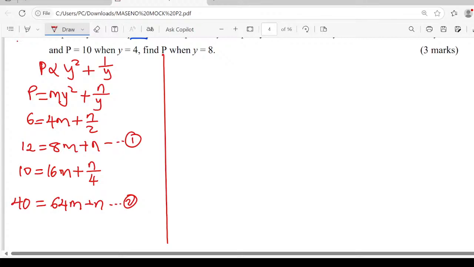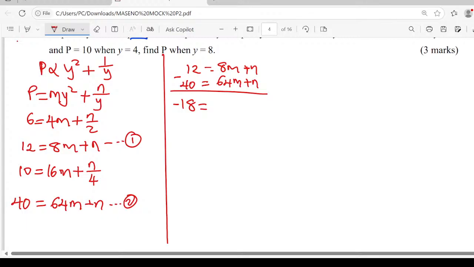So my first equation is 12 equals 8m plus n. Then 40 equals 64m plus n. Then you do subtraction. When you do subtraction, 12 minus 40, you are going to get here negative 18 being equal to 8 minus 64.